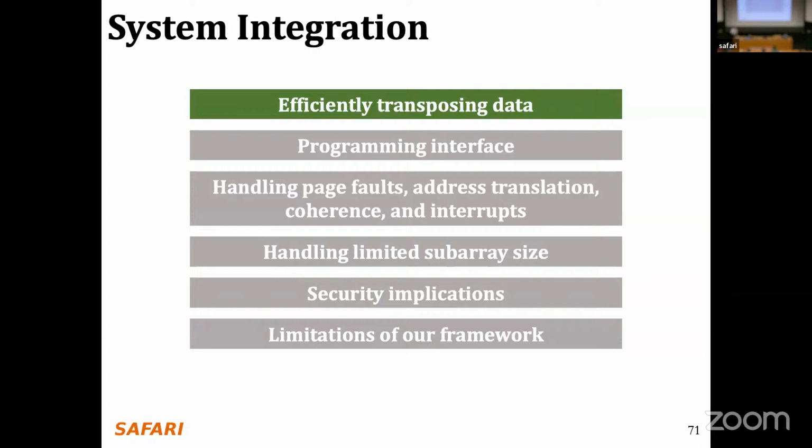How do I deal with address translation from a virtual address to a physical address in DRAM? If portions of my data are in the caches before doing the computation, how do I handle coherence or interrupts? My subarrays have limited sizes, so how do I deal with spill-offs across subarrays? There are some security implications and some limitations. In the paper, we talk about all of those problems.